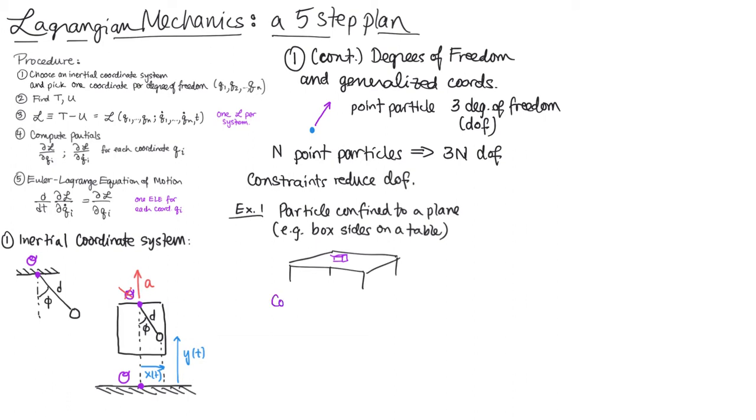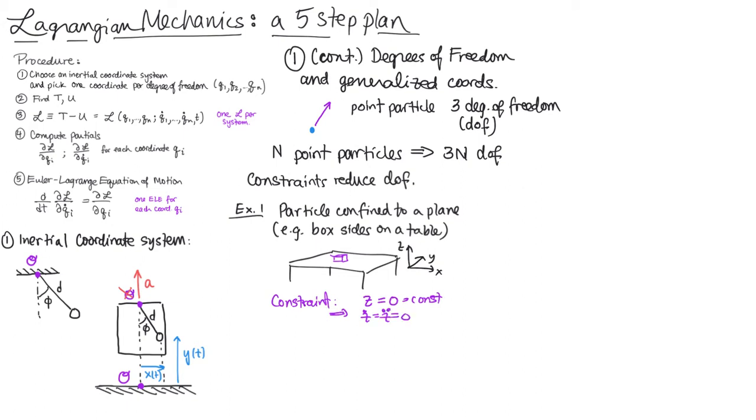The constraint, we would say, is that if we define a coordinate system that looks something like this, x, y, and then z perpendicular to the table, our constraint would be that z equals 0 or is a constant, which tells us z dot and z double dot are both 0.